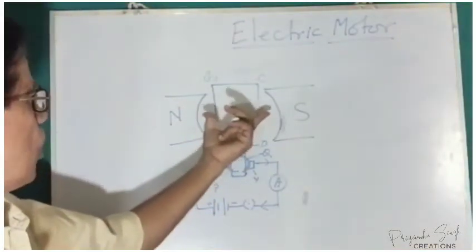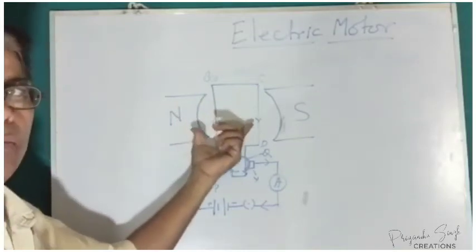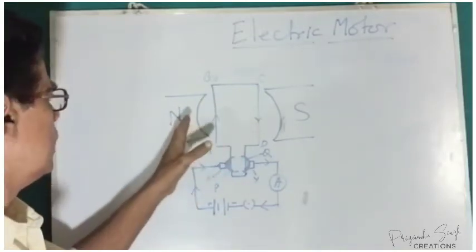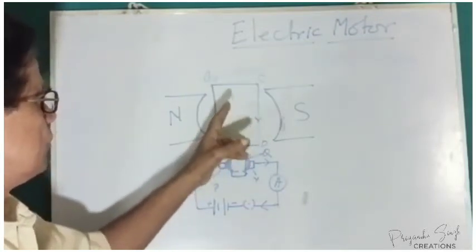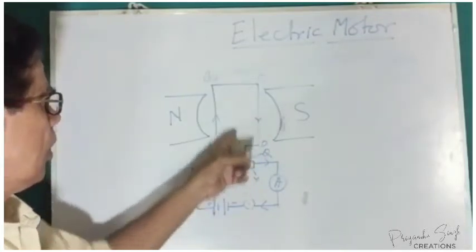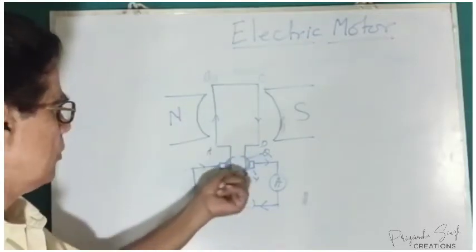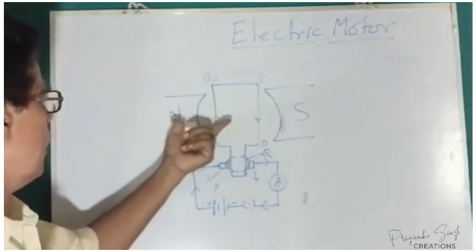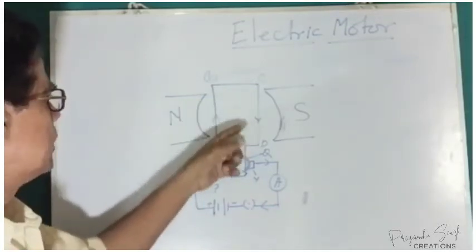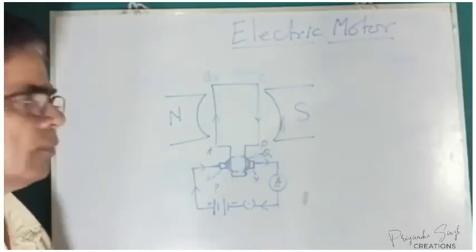but for the sake of convenience, let us consider the two poles of a horseshoe type of magnet in which a rectangular coil fixed on a shaft fitted with the axle is allowed to rotate between the north and south pole.